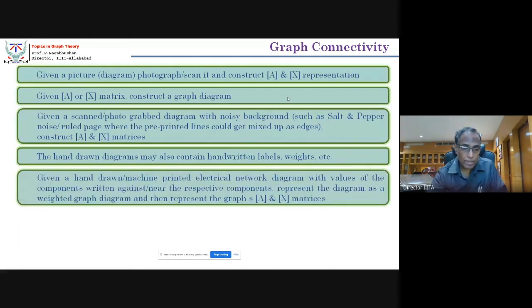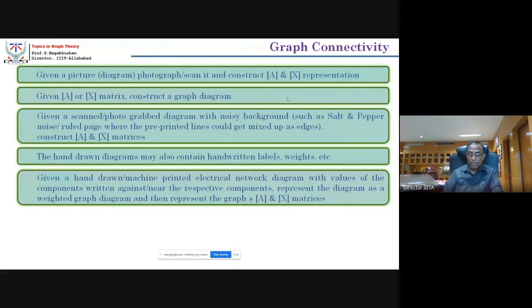Okay, all right. Given a hand drawn or machine printed electrical network diagram, you must have done it in your PUC classes. Why in PUC classes, when you joined your first semester BTech or second semester BTech, you did an electrical or electronics course. You have done it. The diagram has values of the components written against or near the respective components.